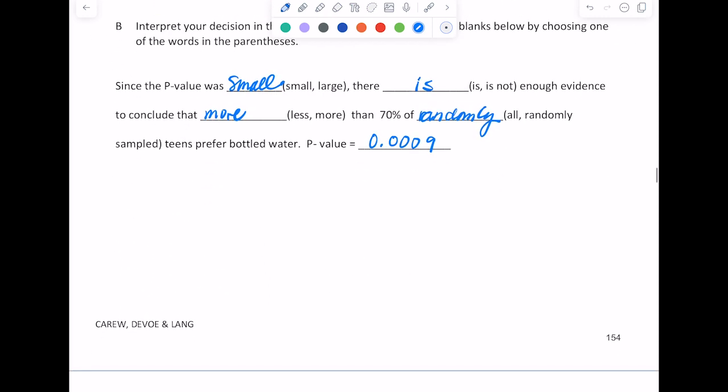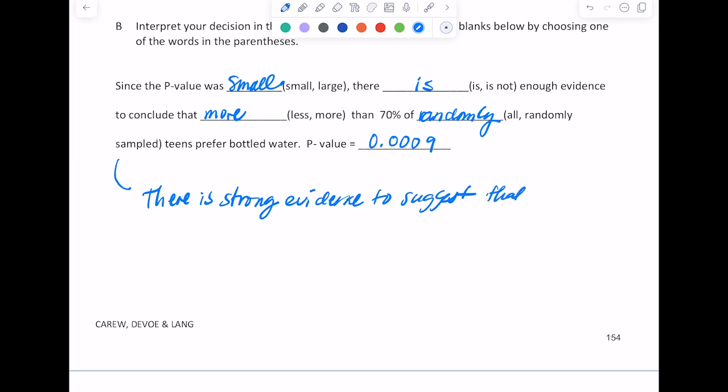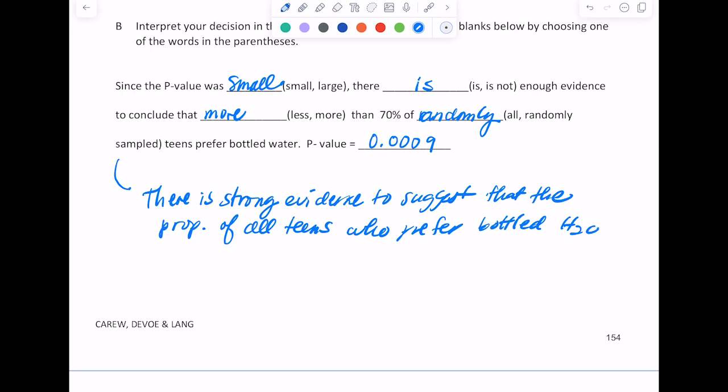Another way that I like to word this is you can say there is strong evidence to suggest that the proportion of all teens who prefer bottled water to tap water is greater than 0.7.